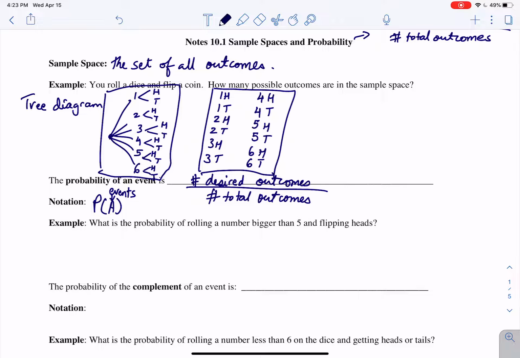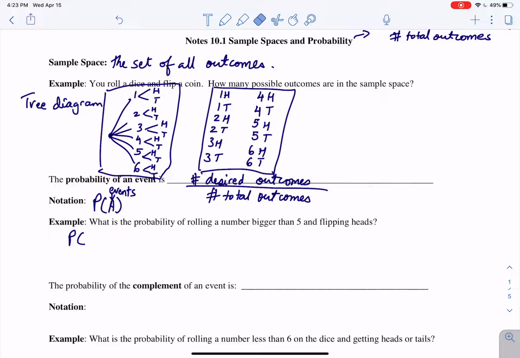So let's do an example. The probability of rolling a number bigger than 5 and then flipping heads. So if we look at my sample space, I need to be flipping heads and I need to roll a number bigger than 5.